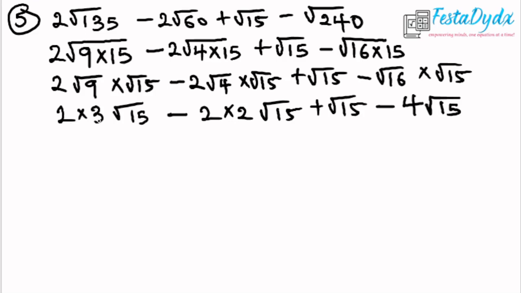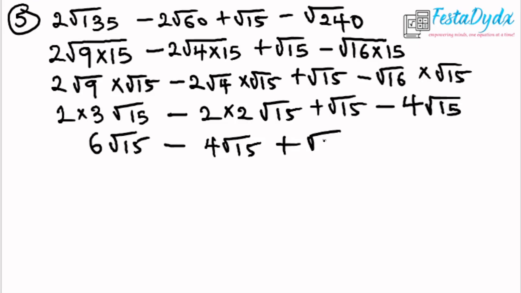So 2 times 3 gives us 6 root 15 minus 2 times 2, 4 root 15 plus root 15 minus 4 root 15. So we'll have root 15 in all the terms, so they are similar.